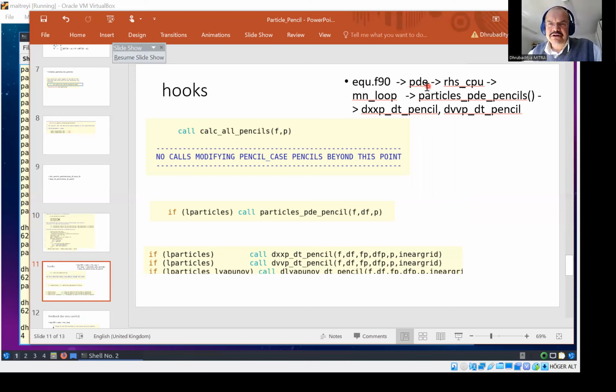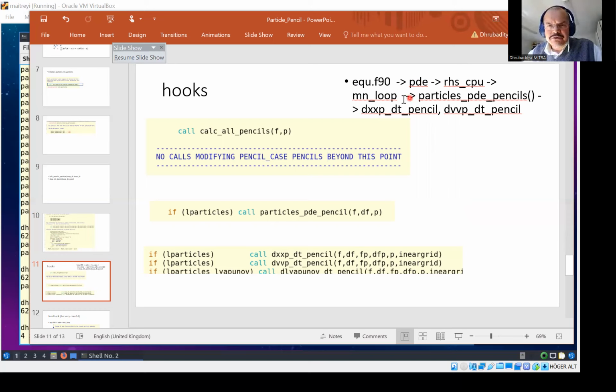Actually not, because inside there is something called RHS CPU. This is the part that came in the last two years or slightly longer, where there is also a GPU part of the code. So everything that I knew has been moved into this RHS CPU. Inside the RHS CPU, there is the MN loop, one of the few loops in the Pencil Code that are actually named. So if you search for MN loop, you will find it.